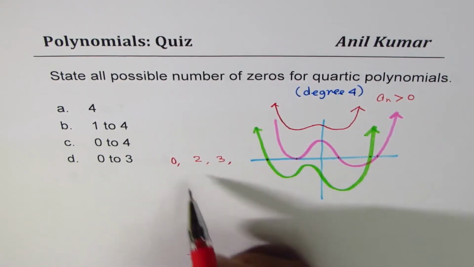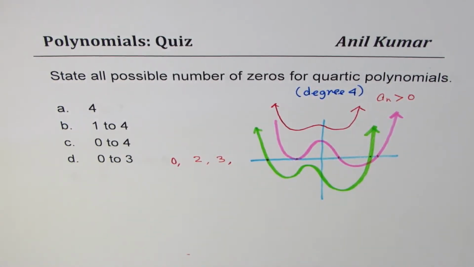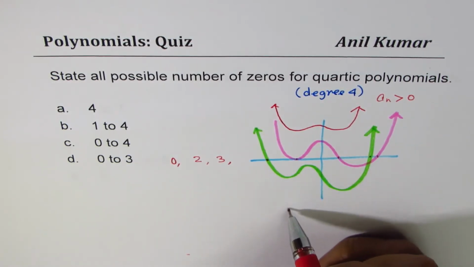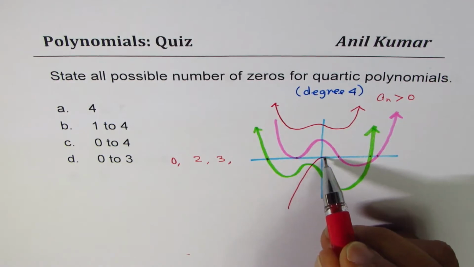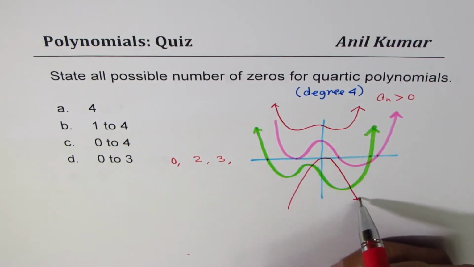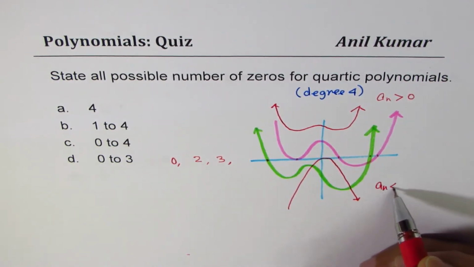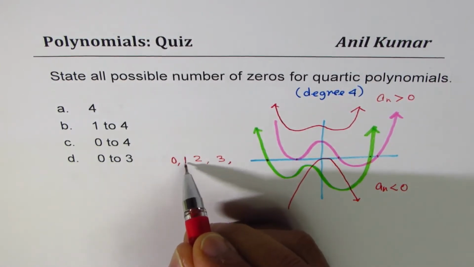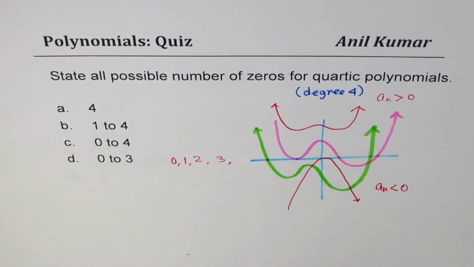Is it okay? We could also have a scenario where the quartic polynomial could be kind of like this. So in this case, a n is less than 0, it's negative, right? So in this case, we have one number of 0. Perfect.